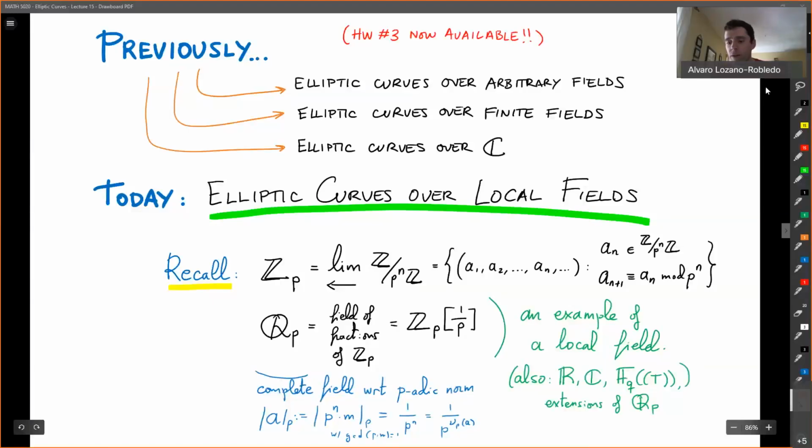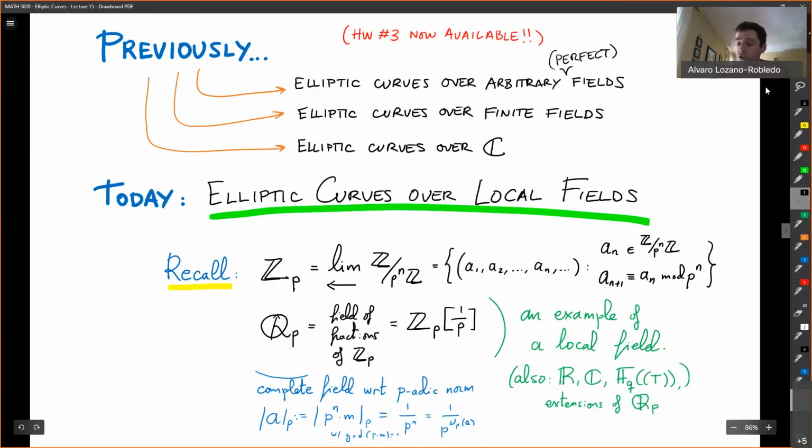Welcome back, everyone. Today, we're going to continue with elliptic curves. So previously, we've talked about elliptic curves over arbitrary fields, over arbitrary perfect fields. Okay, that was subchapter 3.